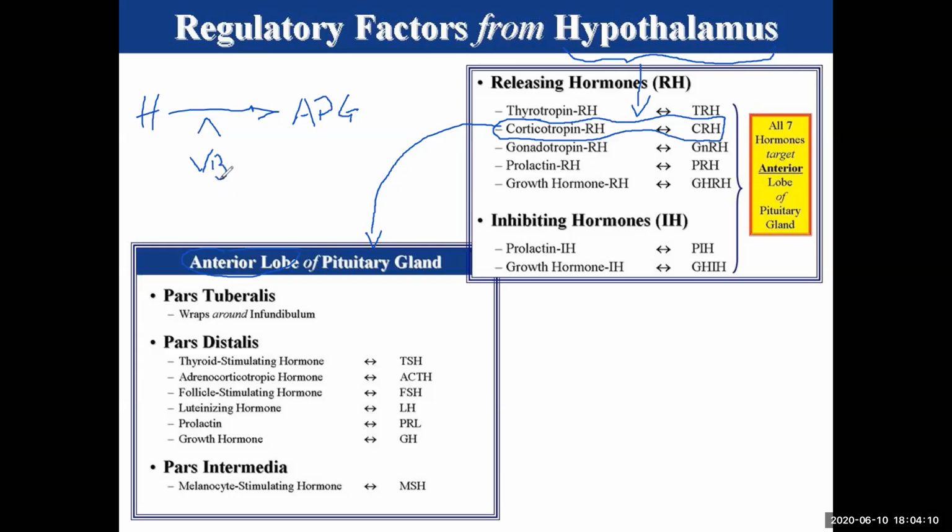And this vascular bed is called the hypophyseal portal system.